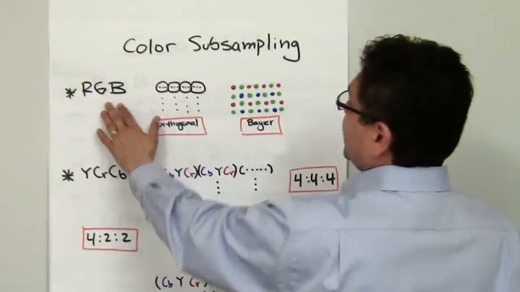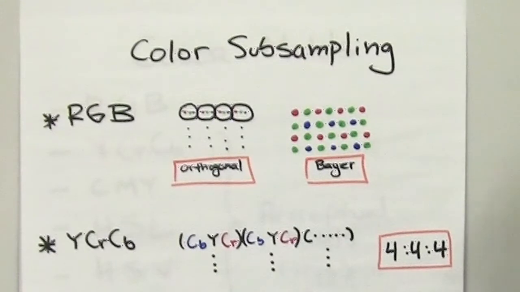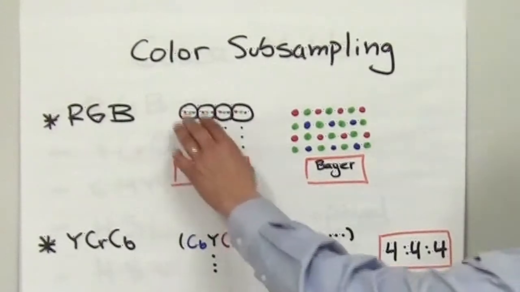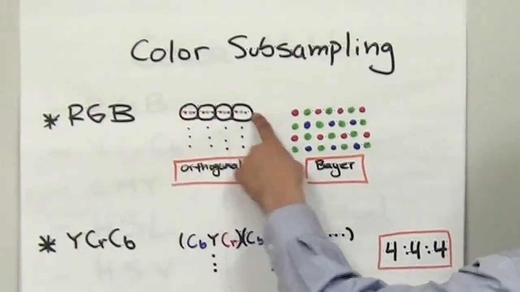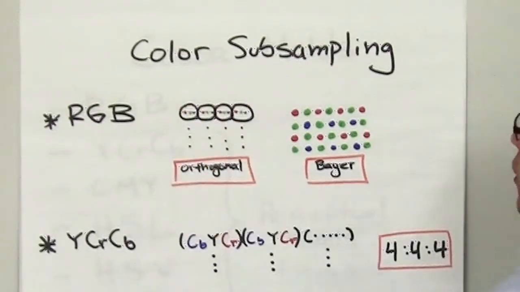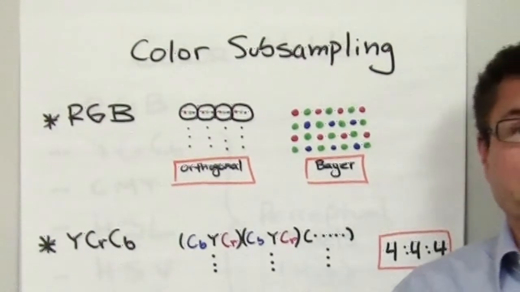For instance, in the RGB domain, you could very easily represent your tri-stimulus primaries in an orthogonal way, where every pixel has R, G, and B components in every line and every pixel and every column as well. Another common way of representing the RGB domain subsampling is Bayer subsampling.